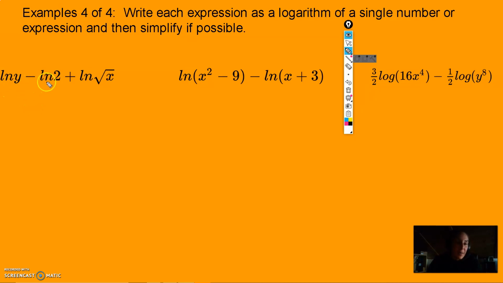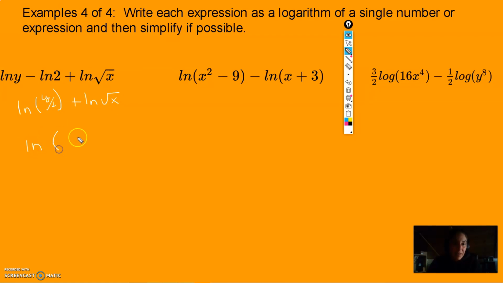Okay, so ln of y minus ln of 2, this is a difference. The difference is turned into quotients. So this will be ln of y over 2 plus ln of root x. We don't have to do anything with the exponents in this case. All right, sums turn into products.